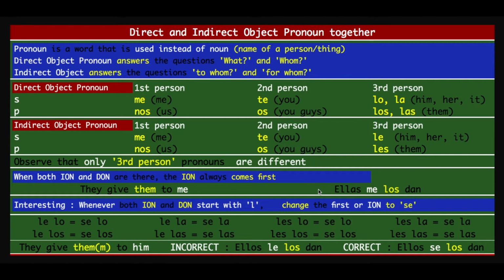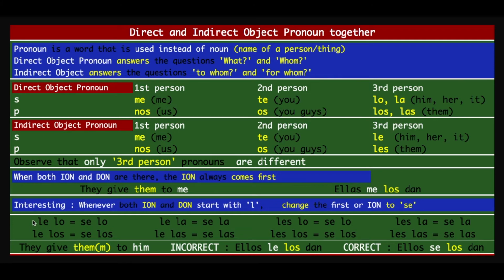Now in Spanish you will say ellas me los dan. Okay, ellas means they here, me means to me, los means them, and dan means give. So they give them to me. So me is our indirect object which always comes before direct object, which is what is being given. I hope that is super clear now, folks.